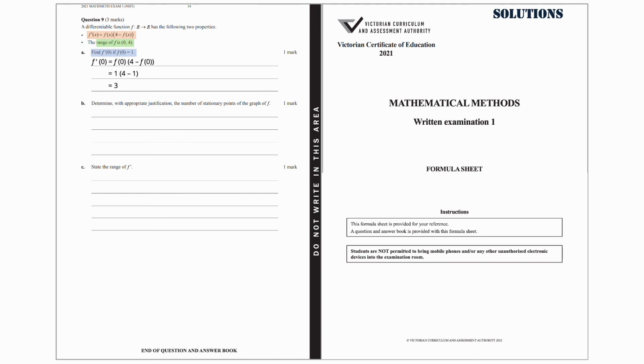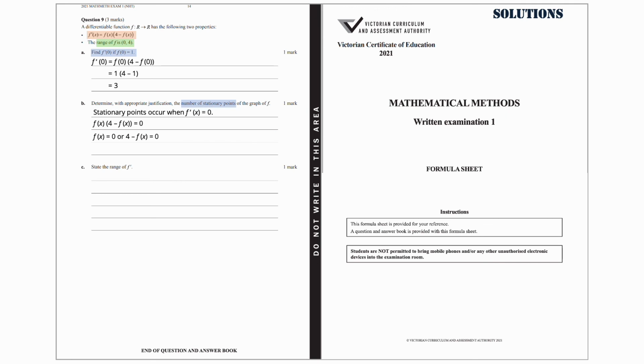Part B. Determine with appropriate justification the number of stationary points of the graph of f. Stationary points occur when f dash of x equals 0. Therefore, f of x bracket 4 minus f of x equals 0. We use the null factor law, which means that f of x equals 0 or 4 minus f of x equals 0.